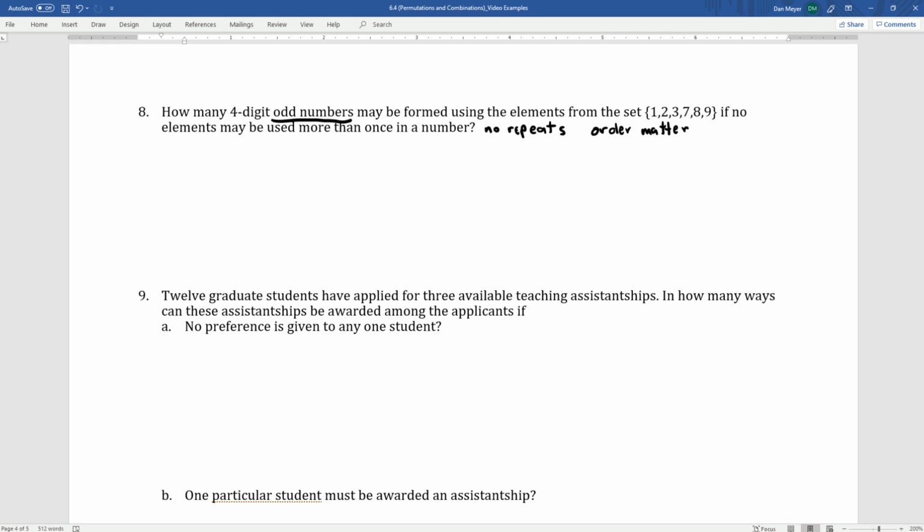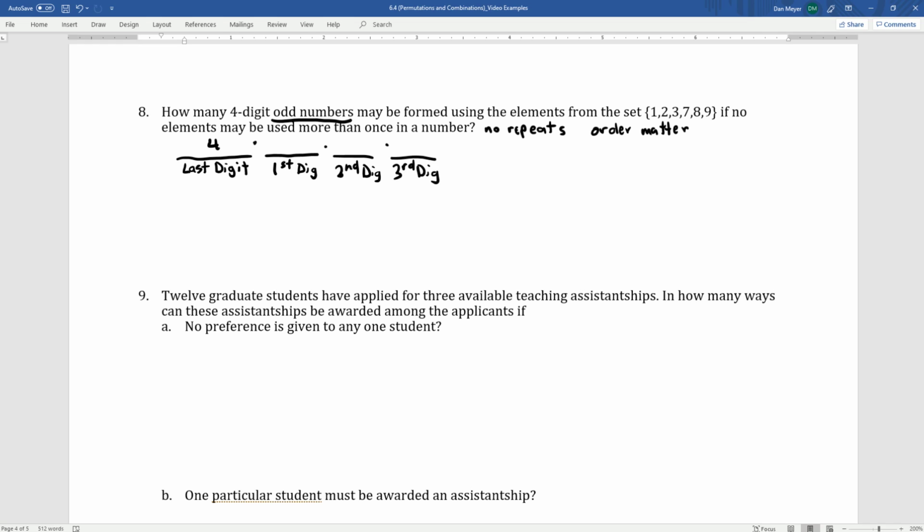Now, I think we could have done this with the fundamental counting principle. So I guess if we pick the last digit first, since that's the one that's got to be odd, looks like there's four ways to pick that last digit. And then we'll pick the first digit next, and then the second digit, and then the third one, since there's no restrictions on those other than we can't repeat digits.